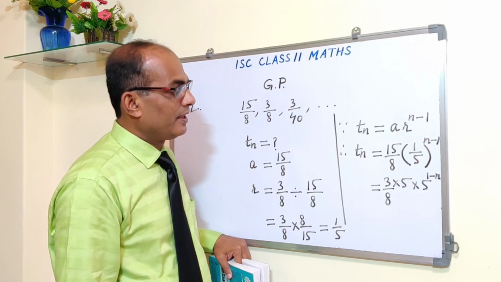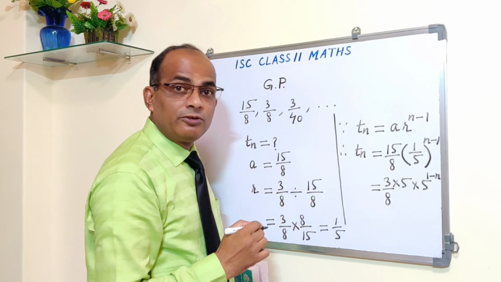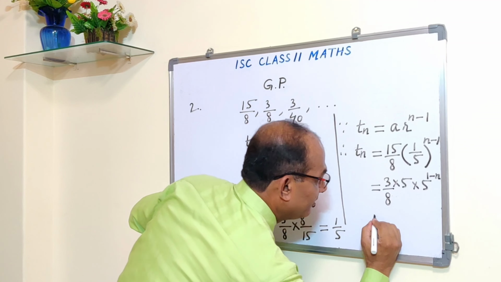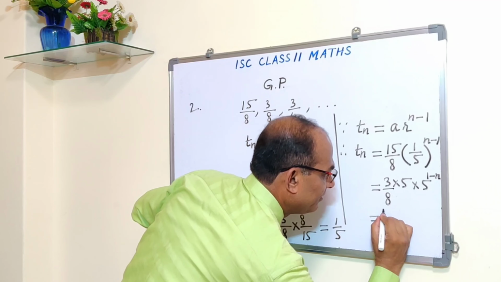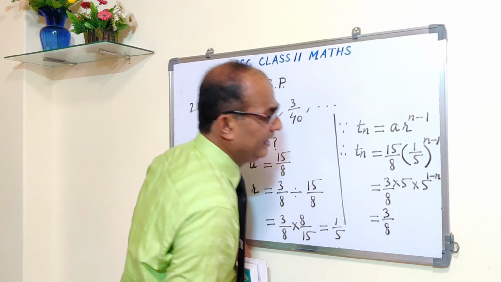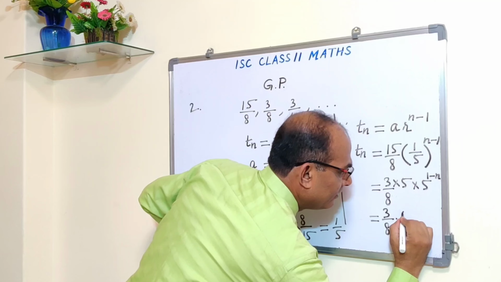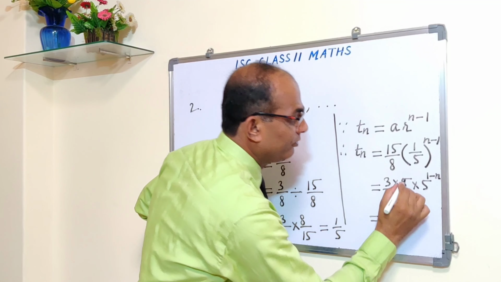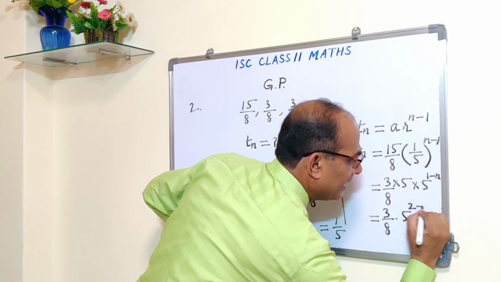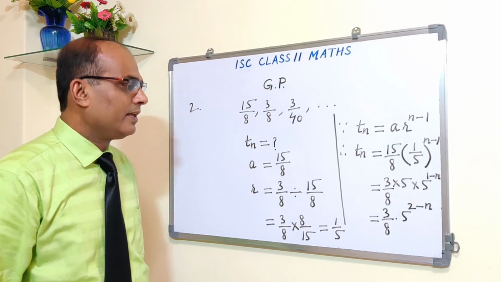Okay. And this 5 will go with this because the bases are same. Again, powers and exponents, laws of indices. So this is equal to 3 upon 8 and 5 raised to the power 1 plus 1 minus n, that means 2 minus n.